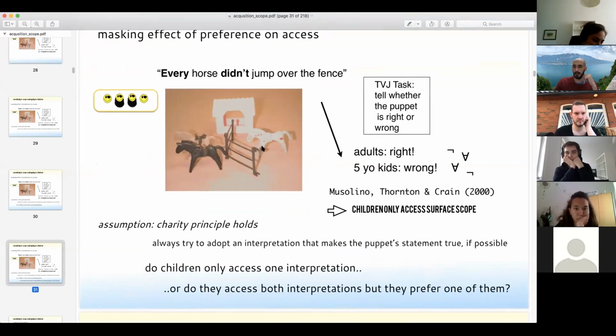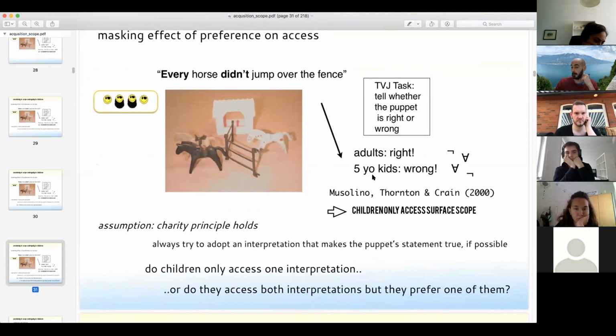And let's assume that our participants, our children, would always reject this scenario. They'd always say the puppet is wrong, okay? What Musolino, Crain, and Thornton infer from this is that children could only access the surface scope interpretation, that they were not able to derive the inverse scope interpretation. Because if they were able to derive the inverse scope interpretation, then they would say yes, okay?